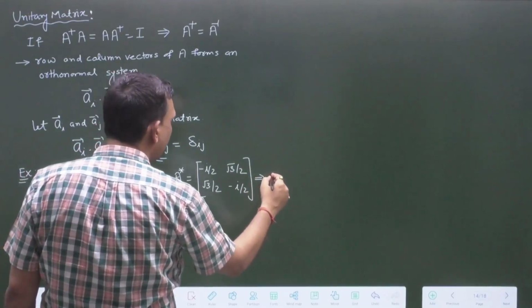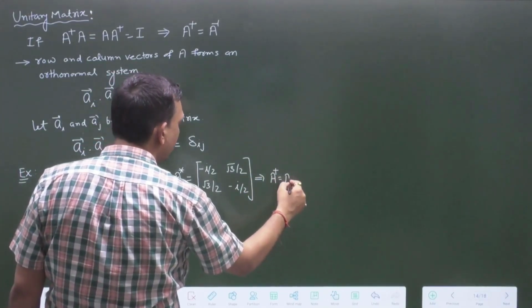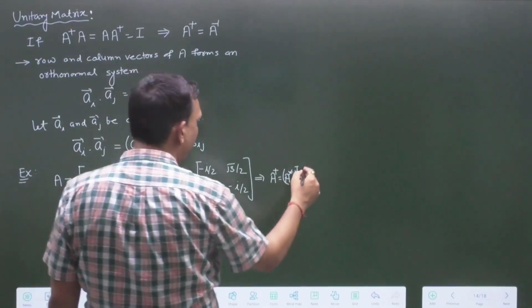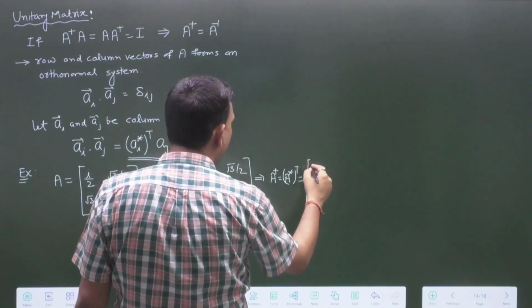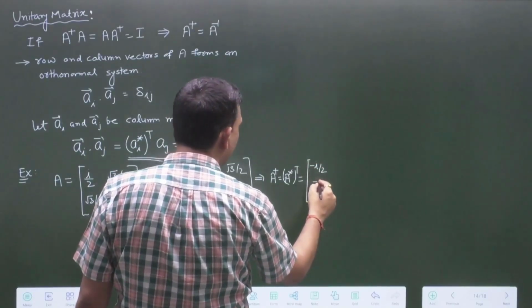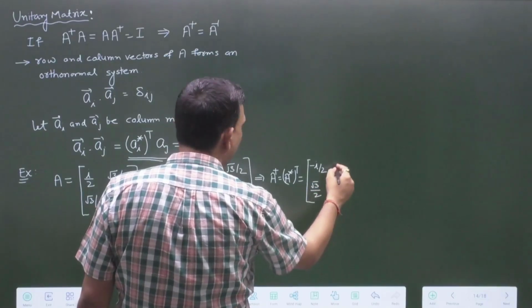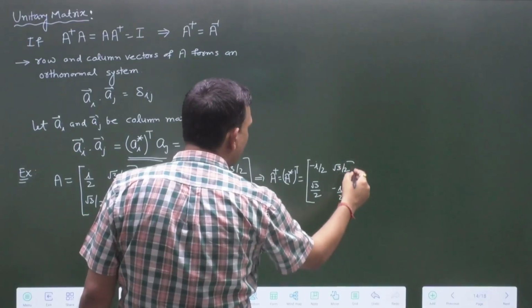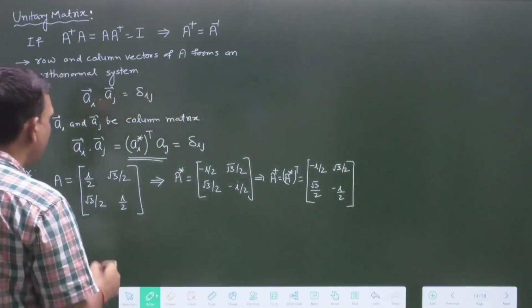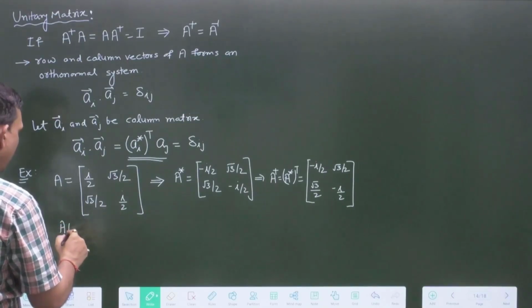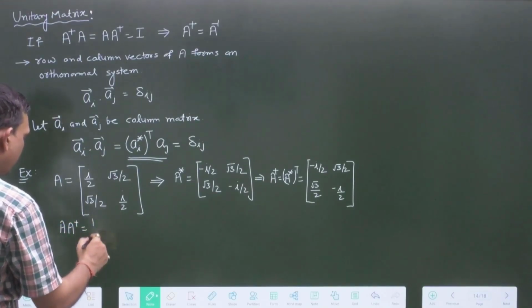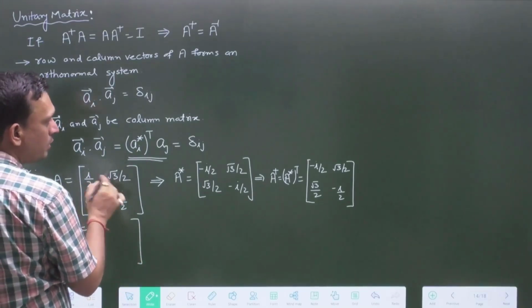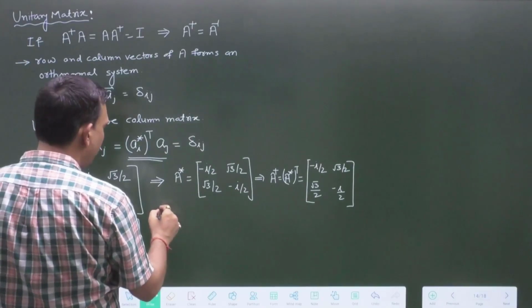Then you will get A dagger, which is A complex conjugate transpose. So let's multiply this with A. What will you get?